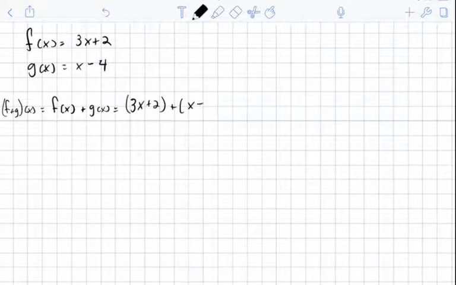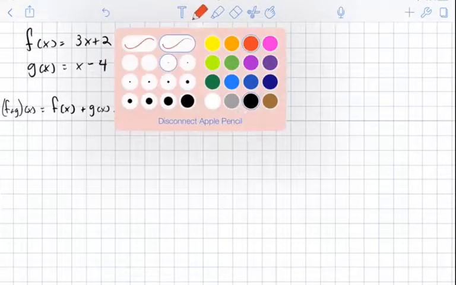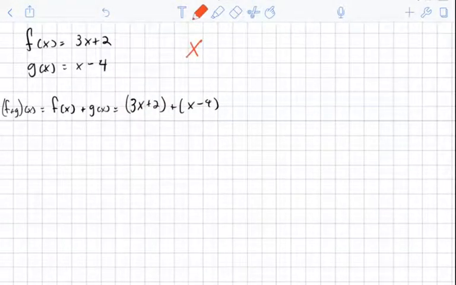Before we go on, let me emphasize the connection between this and the previous section. In the previous section, for each value of x, you calculated the outputs of the two functions, and then you added those together. So for each value of x, they're the same in both cases.